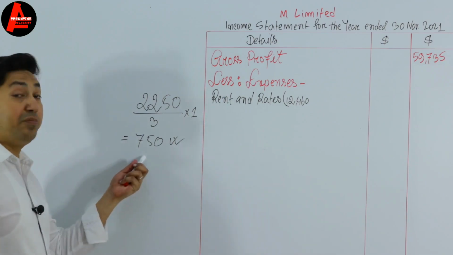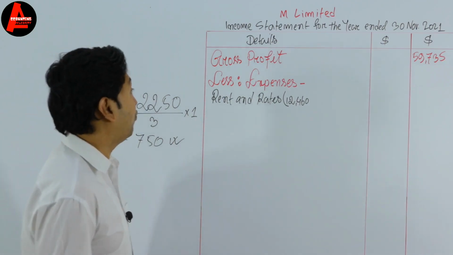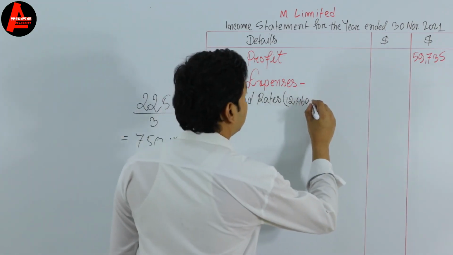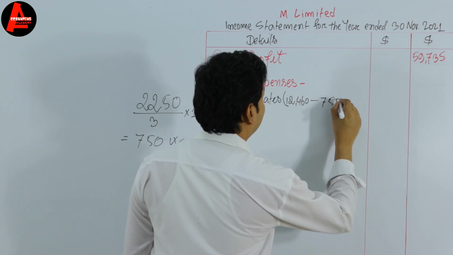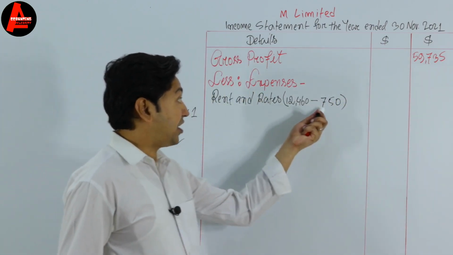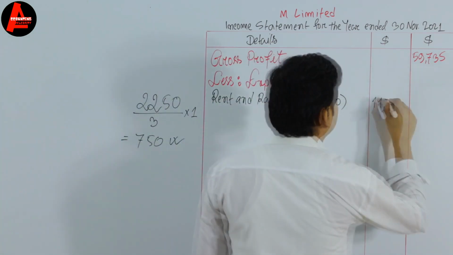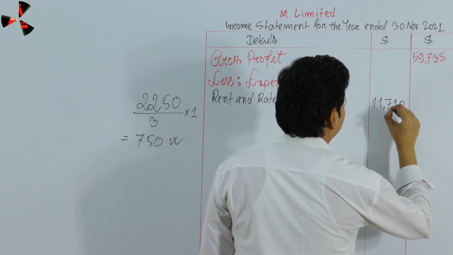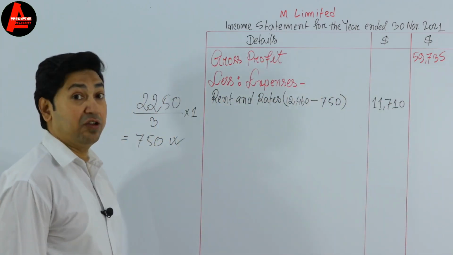This amount is paid in advance. So here we will write $750. Now if we subtract this amount from here, we get $11,710. So this is rent and rates.